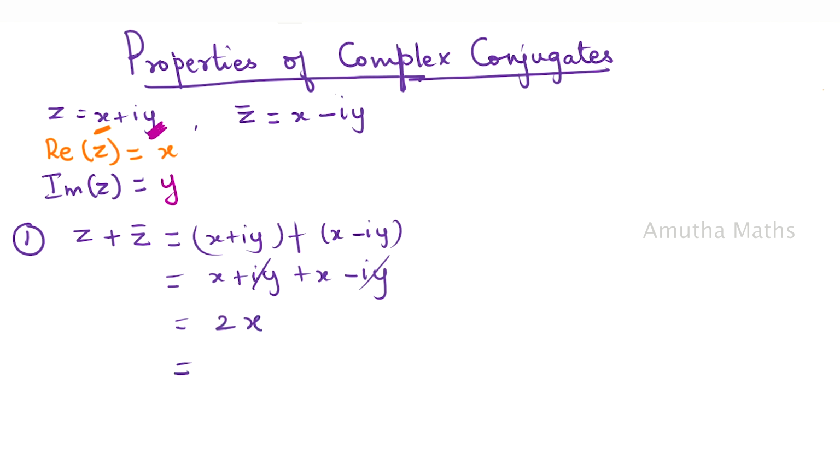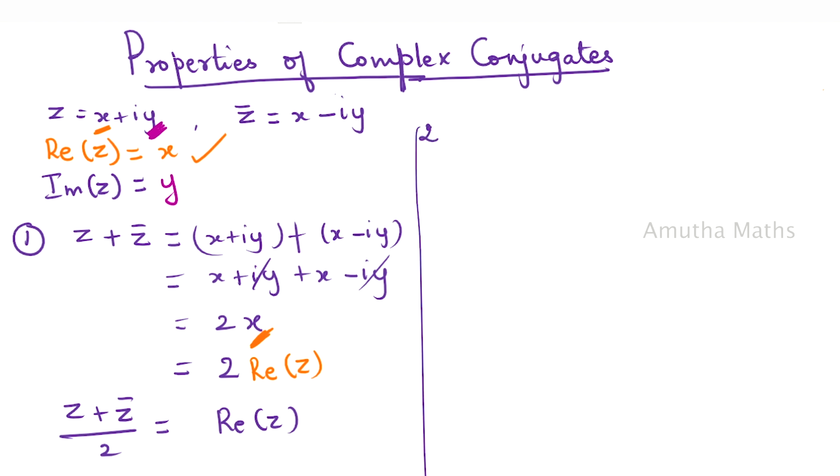That is equal to 2 into, now what is this x? X is real part of z. So 2 into real part of z. Therefore, z plus z bar by 2 is equal to real part of z. So this is the first property, right?